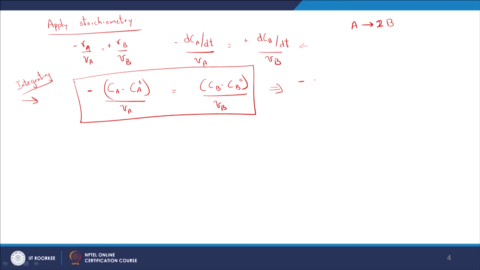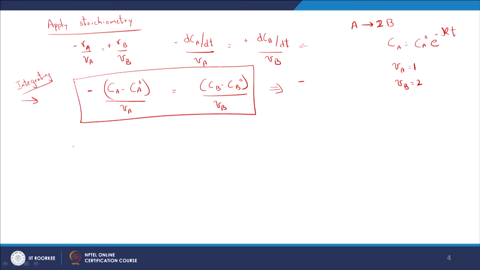So now let us plug in what we have so far. We know that Ca is equal to Ca naught into e power minus kt. That is what we have from our previous equation. We also know that the stoichiometric coefficient of A is 1 and the stoichiometric coefficient of B is equal to 2.